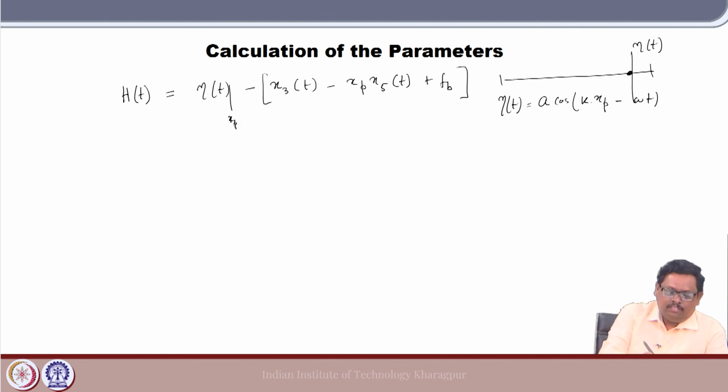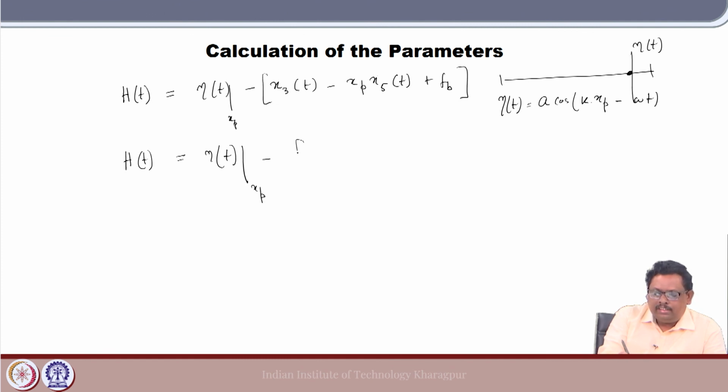So, the relative displacement h t is eta t at point x p minus x 3 t minus x p into x 5 t plus the freeboard. Now, this is the h t I am getting, right.